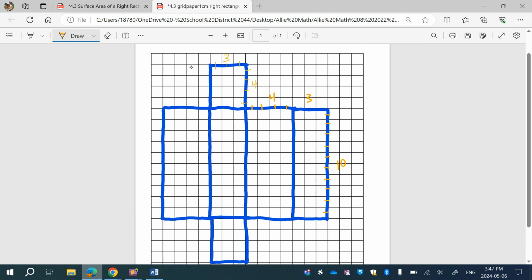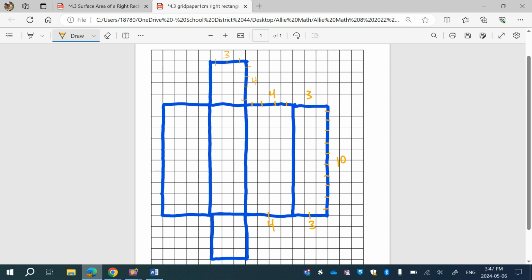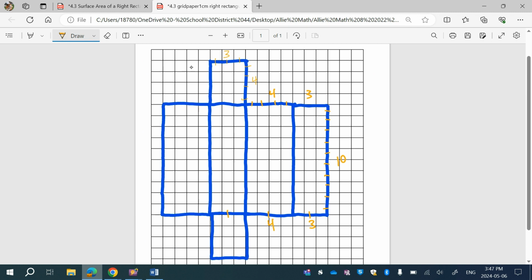Okay, this one is 3. This one is 4. And you can see how this is going to go from here. This one's 3. We got 4 here, 4 here, another 4 here, another 10 here, 4, 4. So it's either 10, 4, or 3.